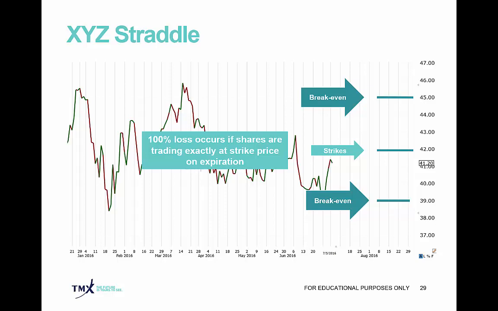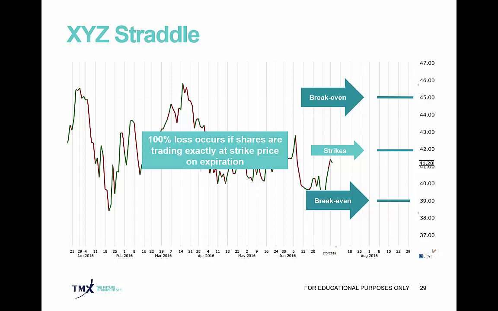But you can see when we put things into perspective here, the current stock price is relatively close to where the strike prices are. And you can see the break-even point to the upside and the break-even point to the downside, which we would need to be above or below on expiration.